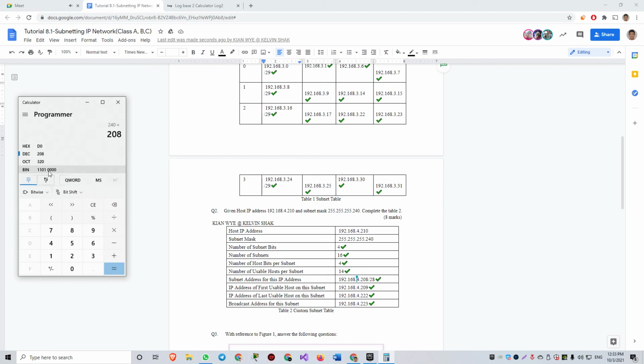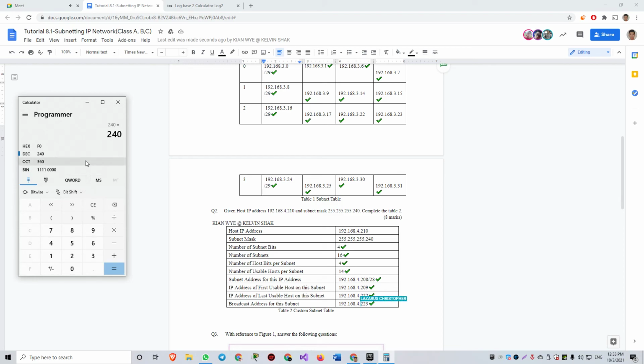And then the subnet address is added by the 16, the magic number, to get the next subnet address, to get the broadcast address. The next subnet is 224. Okay, so the broadcast for this subnet is 223.